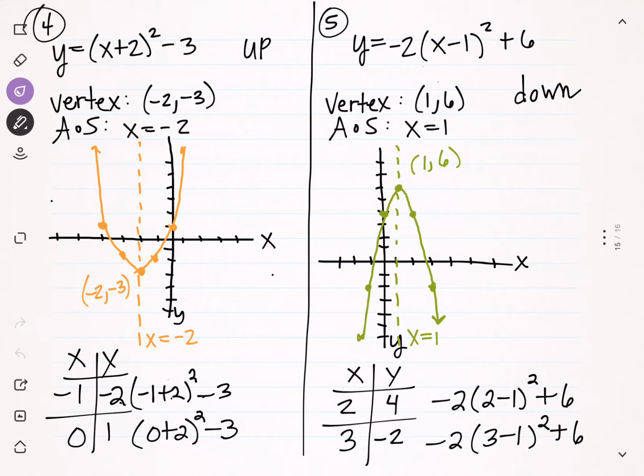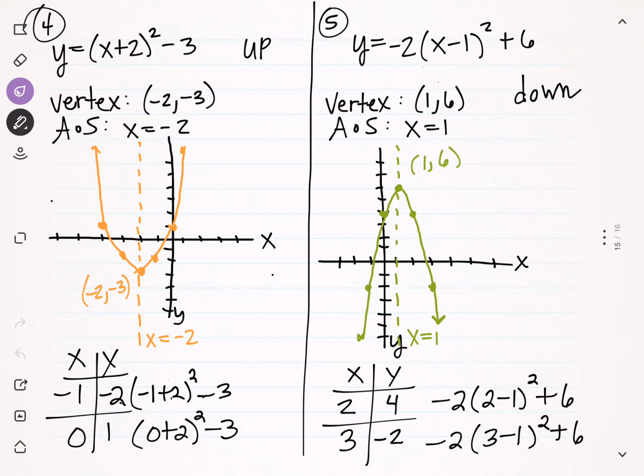I drew my axis of symmetry, and I chose 2 points to the right of my vertex. So I chose -1 and 0. I plugged those in to the function to get their outputs. And then I plotted those outputs. And then what I did after that is I reflected those points over my axis of symmetry and then drew the parabola.